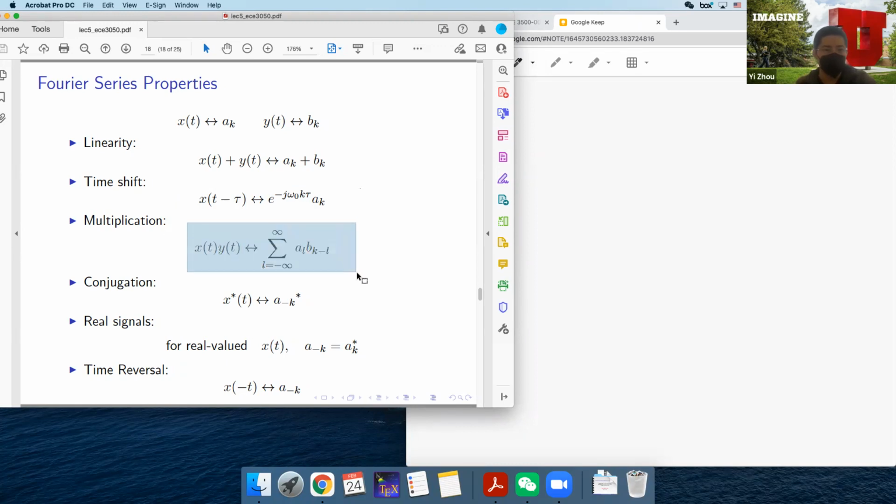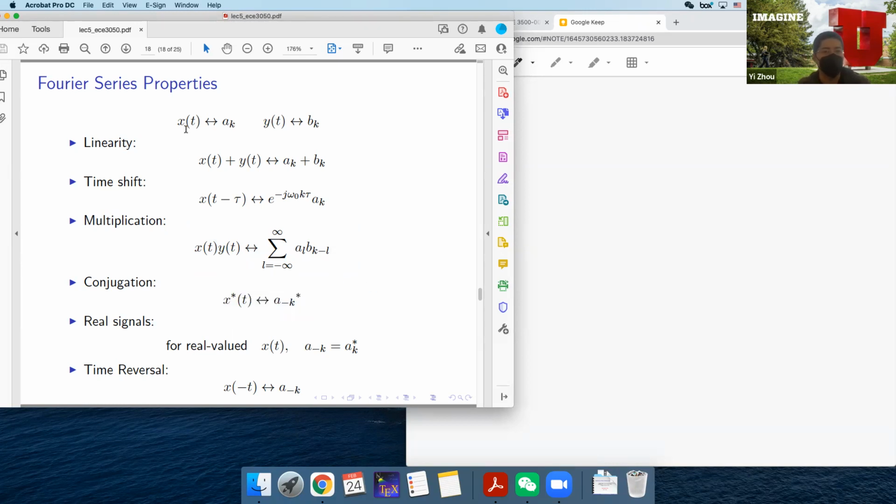And then if we multiply the signals together, then the spectrum of this signal is given by a kind of discrete convolution between their spectrums. And then we have this conjugation property.